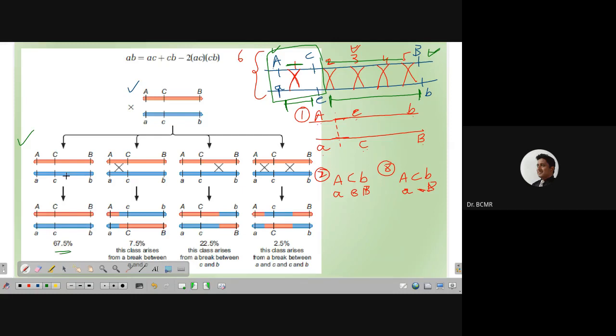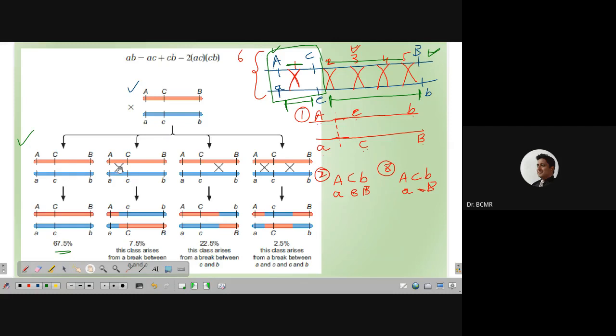Assume that if no recombination, no crossing over has occurred, as shown here, then it will remain like this. Crossing over is not a high frequency thing. It happens 1 or 2 times in a chromosome between 2 non-sister chromatids during one meiotic cell division.